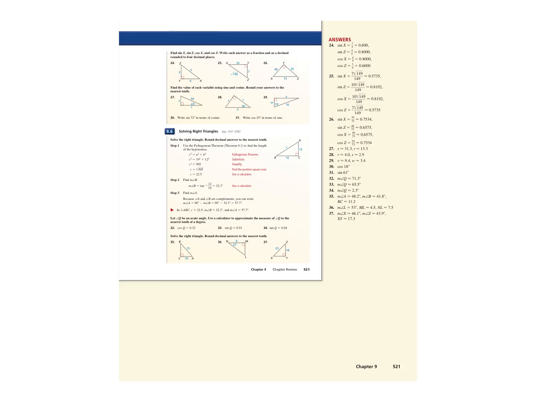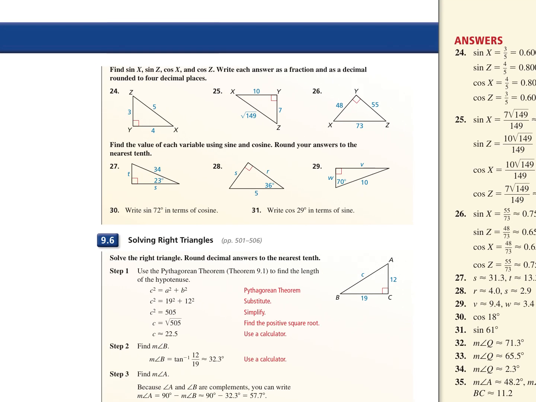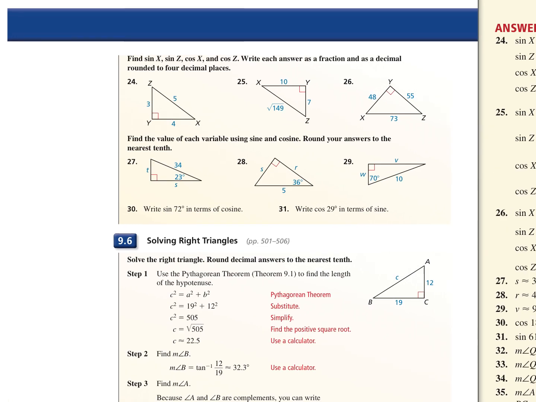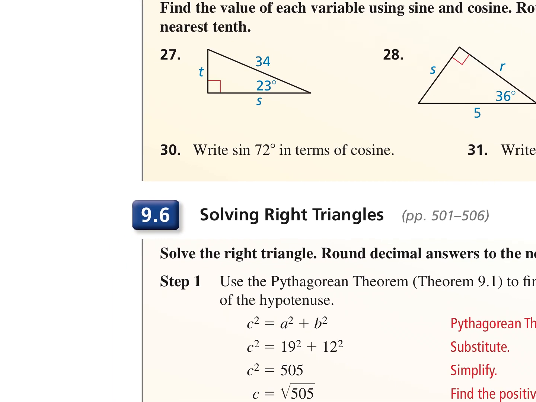Now, one thing I want to zoom in here to show you, and we've done a bunch of the examples like 24 through 29 when I just went through those warm-ups. But one thing I did not cover in the warm-ups, and it was in the homework, was questions 30 and 31. So whenever you're asked to write the sine of a number in terms of cosine, remember the angles are complements.